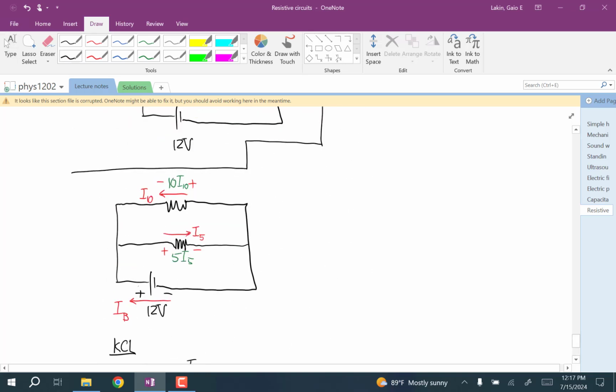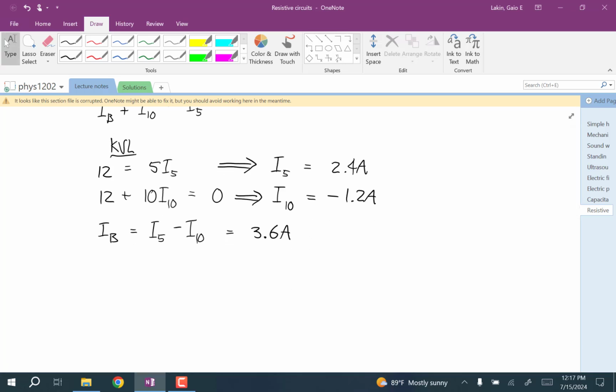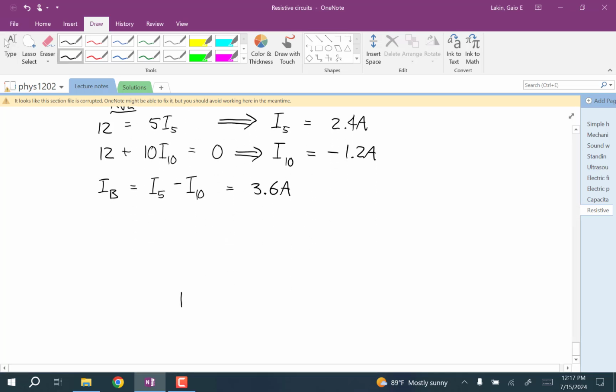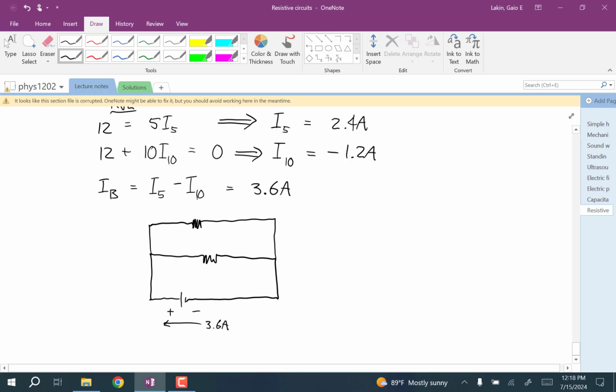And now I can redraw this. And we have the positive and the negative. The current from the battery is 3.6 amps.